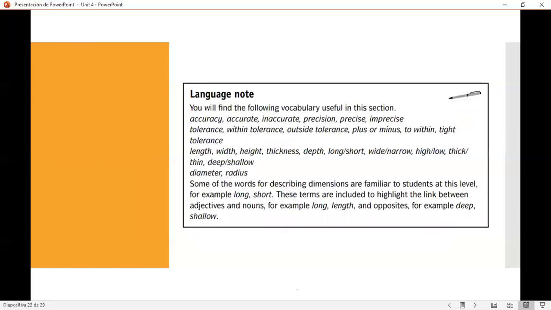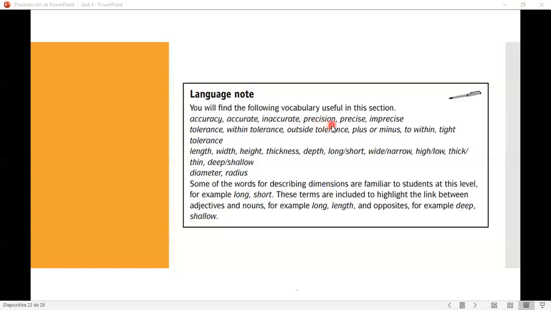And during this second part of the Unit 4, you will find the following vocabulary useful in this section. I'm going to use my spotlight so that you might notice it. You have words like accuracy, accurate, and of course inaccurate, the opposite of accurate.